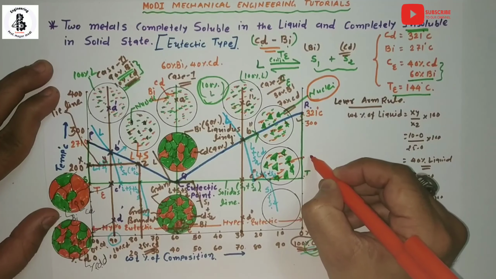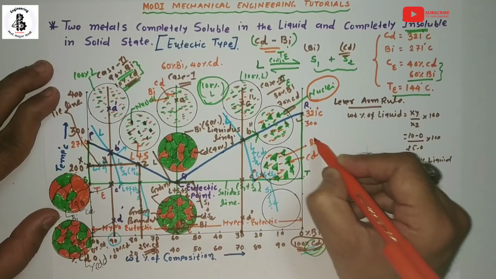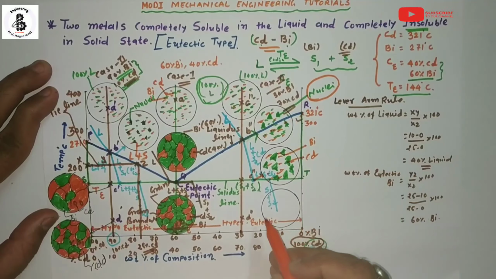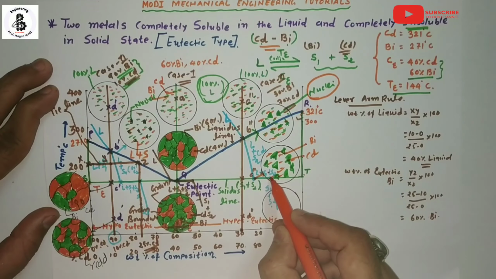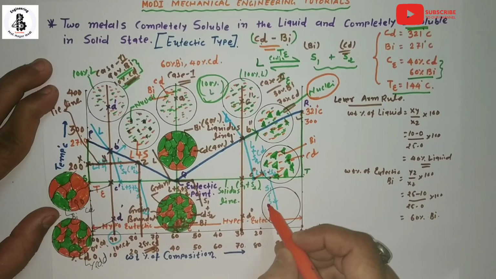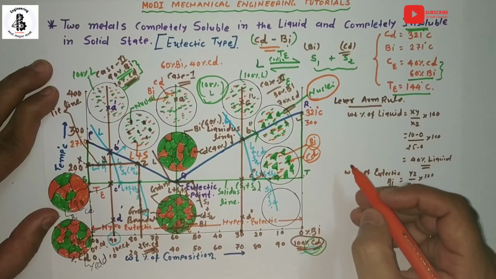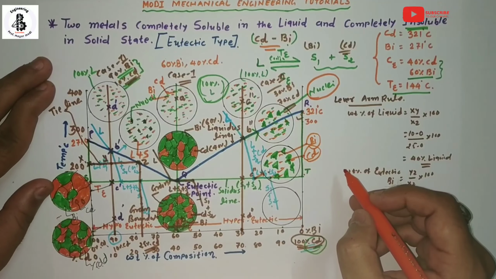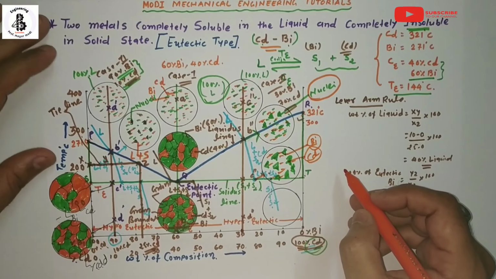This is known as cadmium, and this orange color is bismuth. After this, just below the eutectic point, all the cadmium and bismuth are in solid form. So eutectic temperature means a constant temperature solidification process.